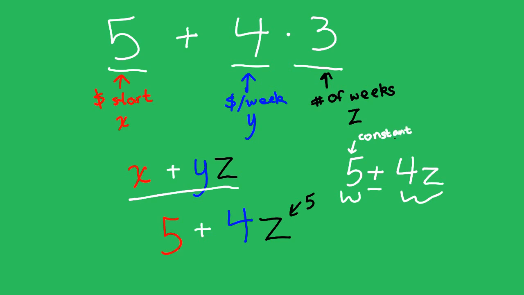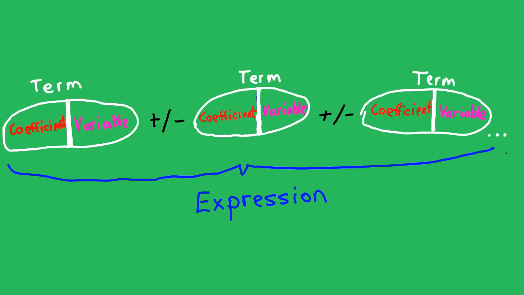And in this term over here, the 4 is the coefficient, and the z is the variable. Now I've drawn a picture down here, a little diagram that'll hopefully make it a little more clear for you guys.